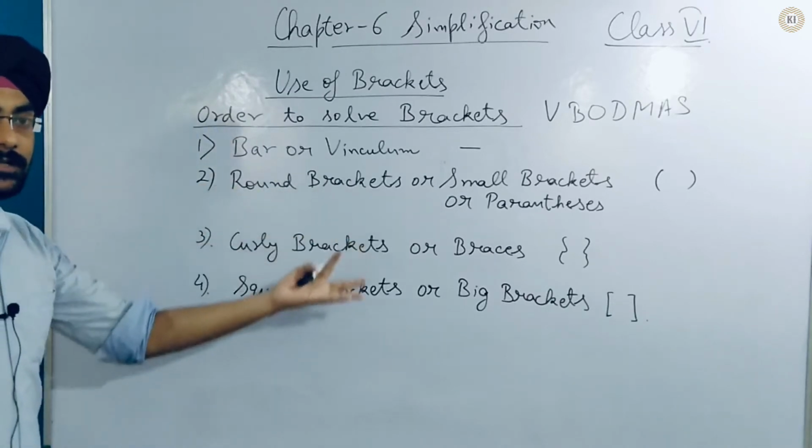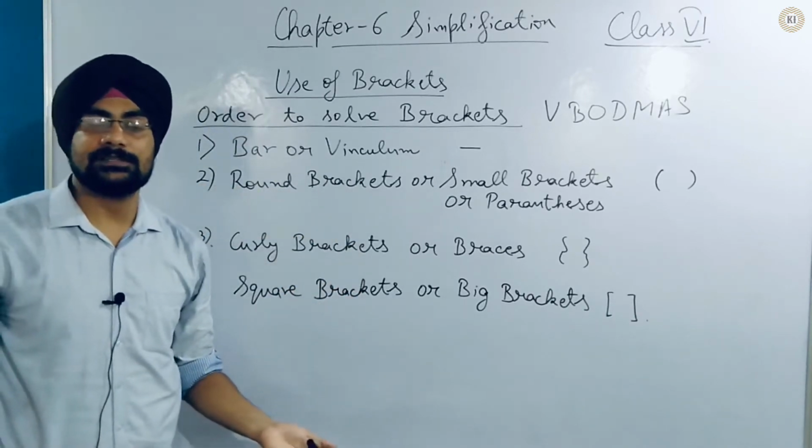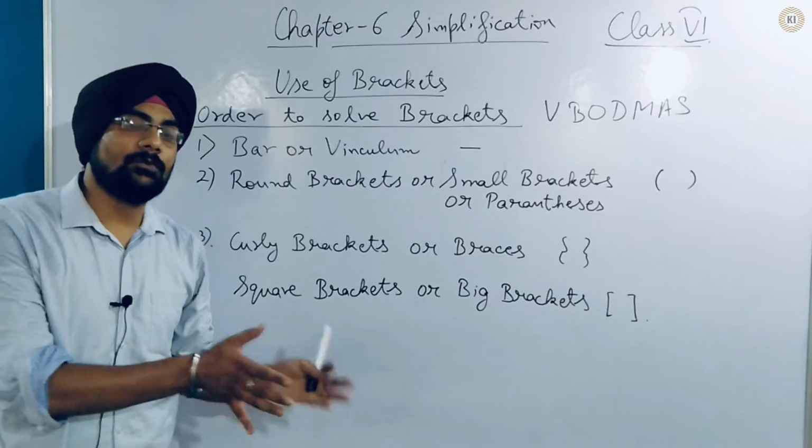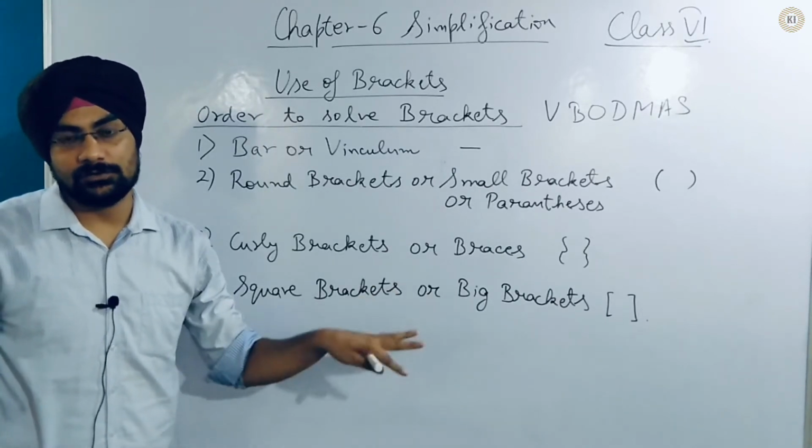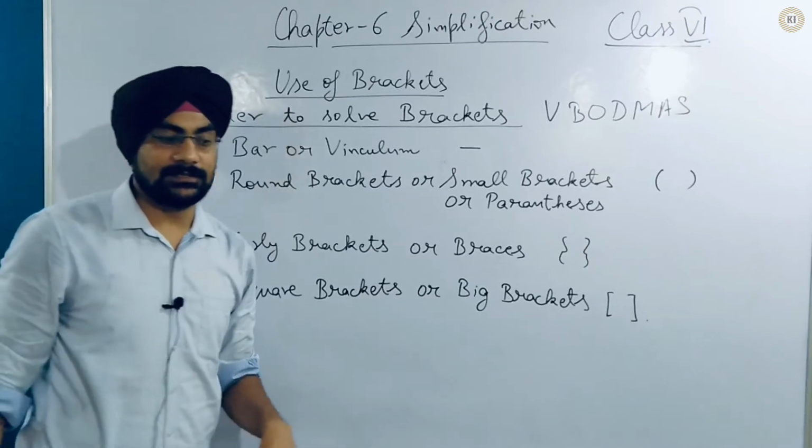So this is the introduction to simplification. It will be more clear when we solve some questions based on the rules and brackets. So now let us see some questions.